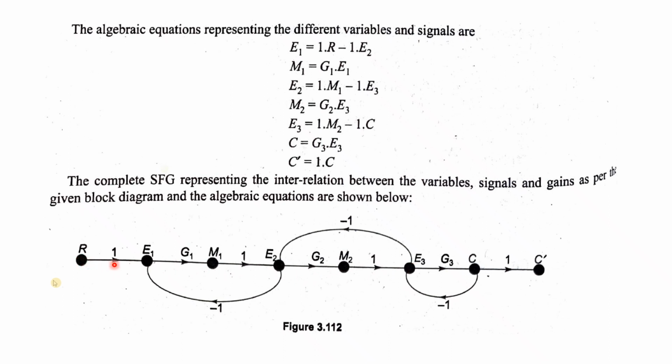This is also a path, starting from R, E1, M1, E2, M2, E3, C and C dash. Now this is also a path, E2, E1, but this is called the reverse path or backward path, and this is called the forward path.